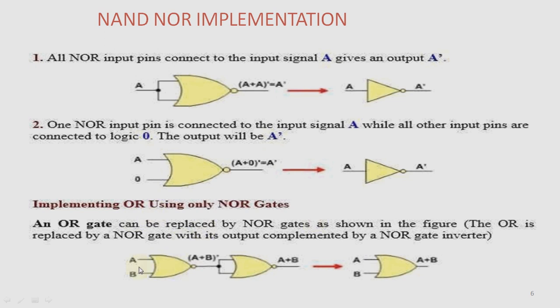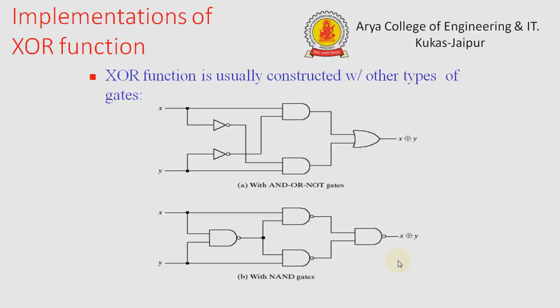For the OR gate using NOR gates, here is the simple NOR gate, then we apply a NOT gate after it and we get the OR gate through the NOR gate. So this is the way we can get NOT gate through the NOR gate and OR gate through the NOR gate.